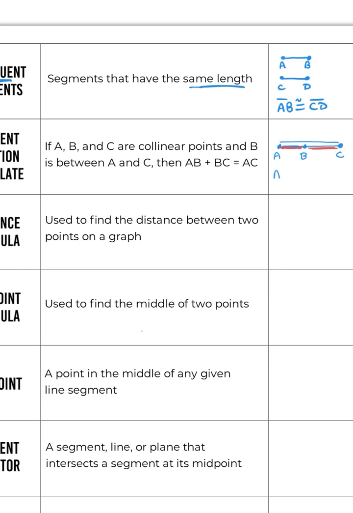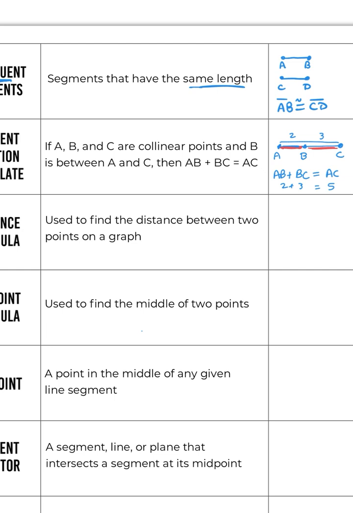So AB plus BC equals AC. I can plug in numbers there. Say this is 2 and this is 3. I would have 2 plus 3, and that tells me that the whole segment is 5.